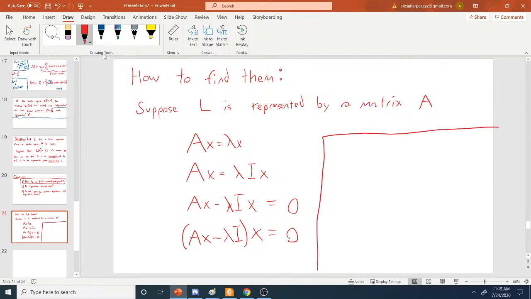So consequently, x is in the null space.